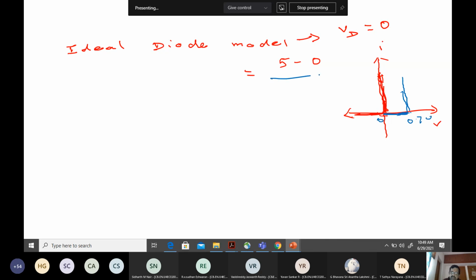So here, when I substitute, I will get 5 divided by 10 into 10 power 3, which is equivalent to 0.5 milliampere. So you compare 0.5 milliampere with 0.43 milliampere obtained using the constant voltage model.